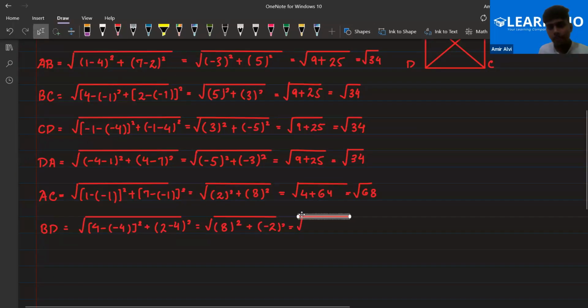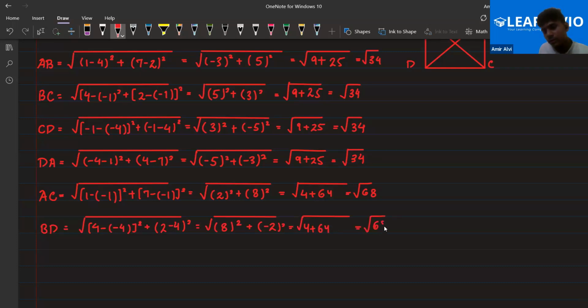That would be 4 plus 64. That is coming out to be root 68.